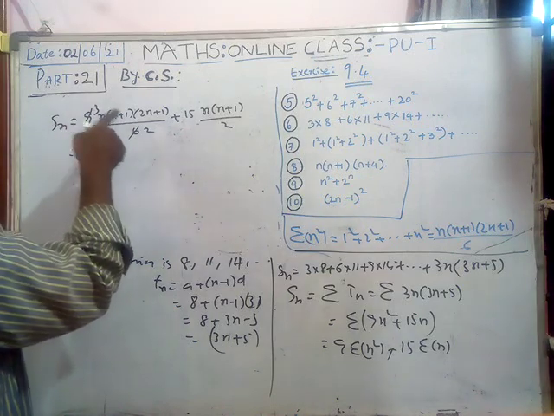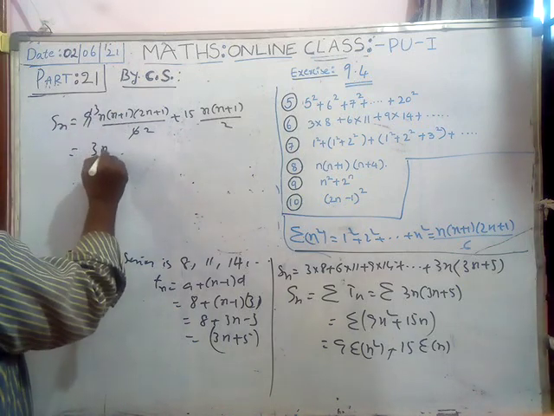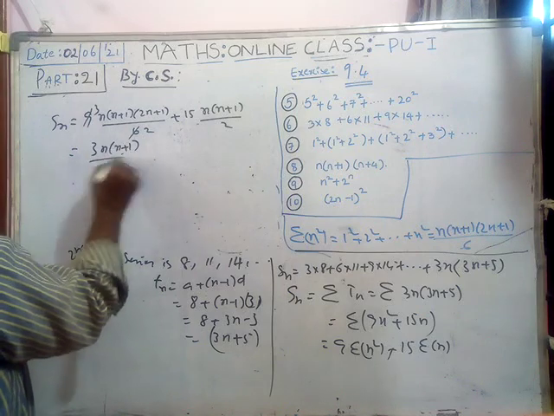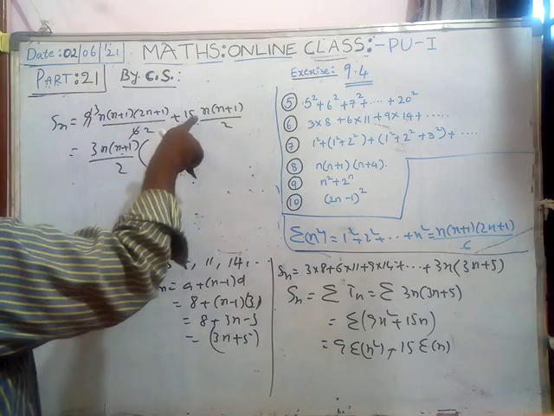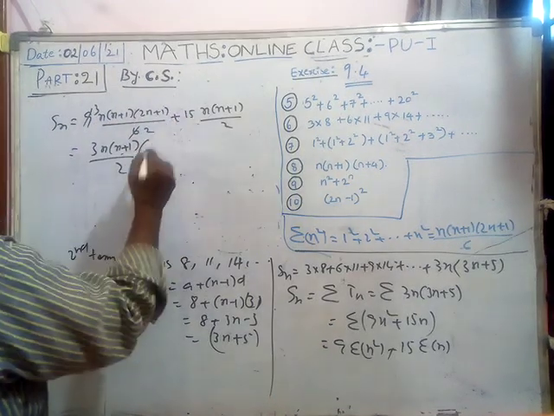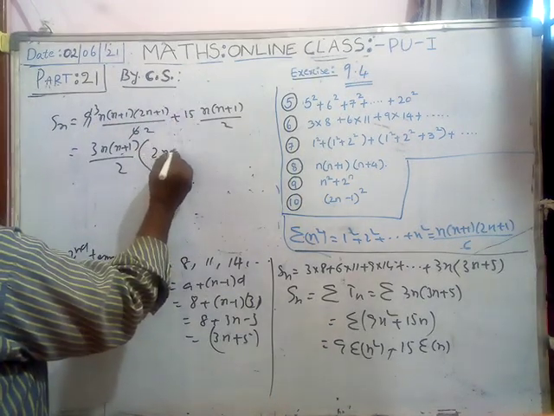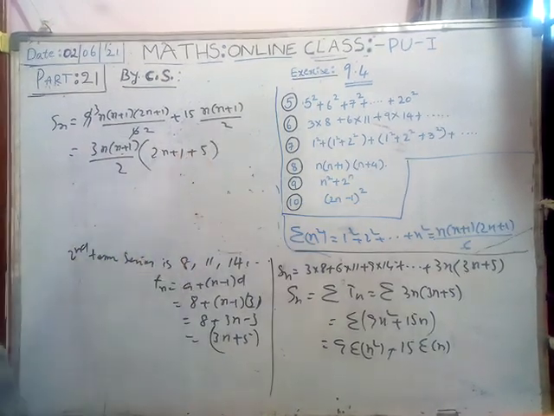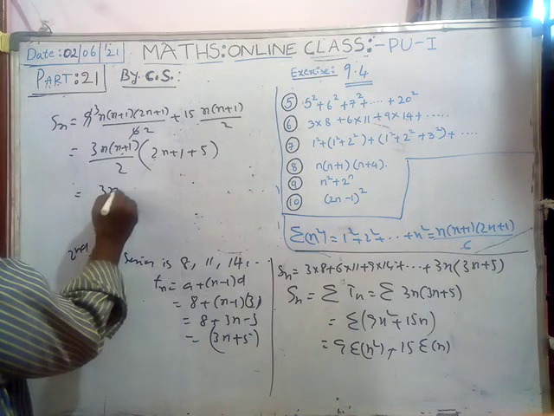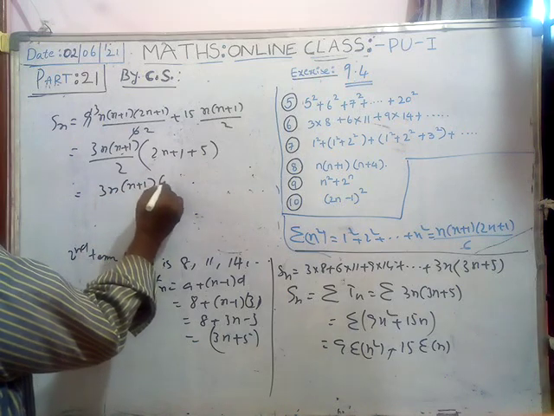So 3n of n plus 1 is there, with the LCM common as 3n of n plus 1 by 2. Here 5 into 3n of n plus 1 is there. So there remained 2n plus 1, and here remained 5.